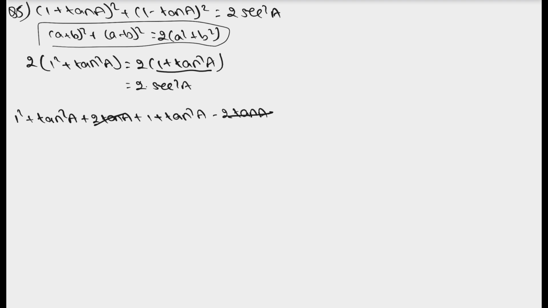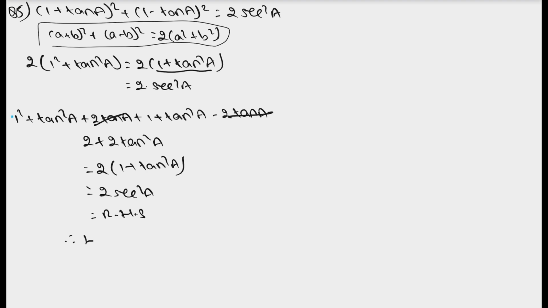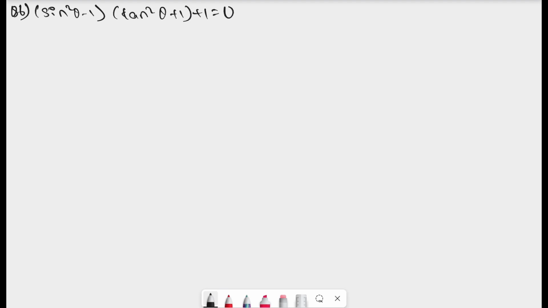Plus 2 tan A minus 2 tan A gets cancelled. 1 plus 1 is 2 and tan square plus tan square is 2 tan square A. From these two terms you can take 2 as a common term. We'll get 1 plus tan square A. And the same condition, 1 plus tan square A is secant square A. This is our RHS required value. Therefore, LHS is equal to RHS.